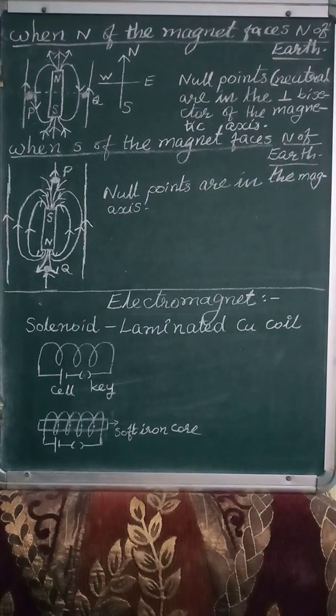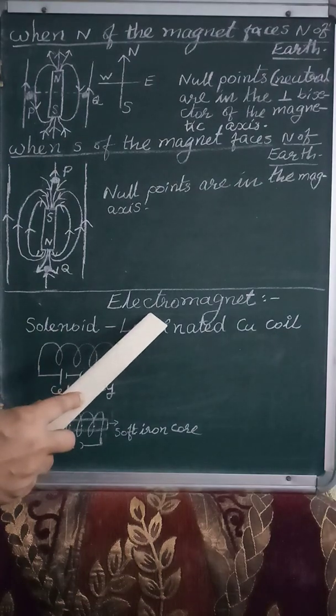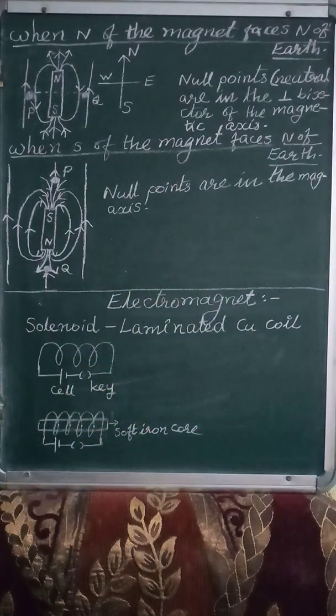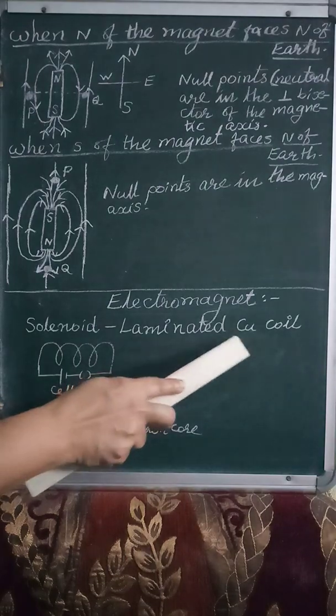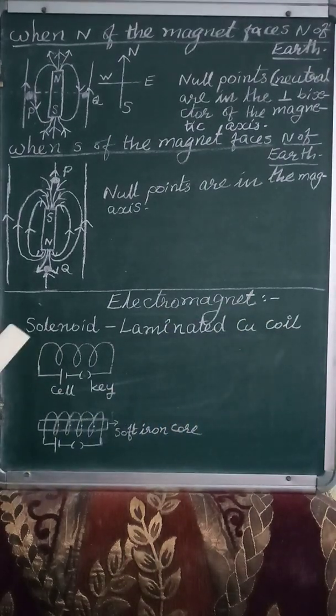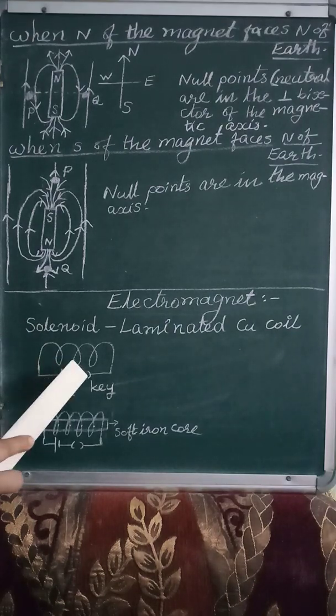Yes, children, we proceed to the next one, the electromagnet. What is an electromagnet? It is a device that converts electrical energy to magnetic energy. To understand the electromagnet, first we should know what a solenoid is. A laminated insulated copper coil is called a solenoid. It is connected to a cell or a battery with a key.